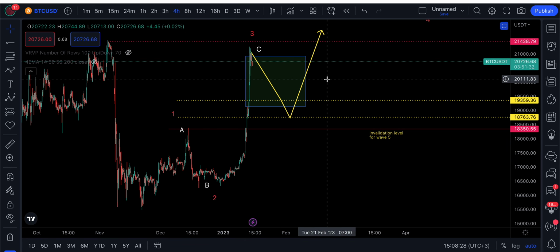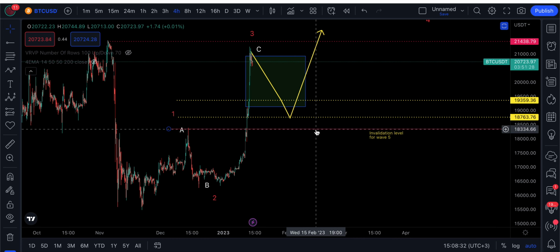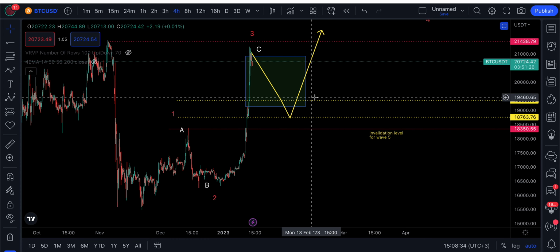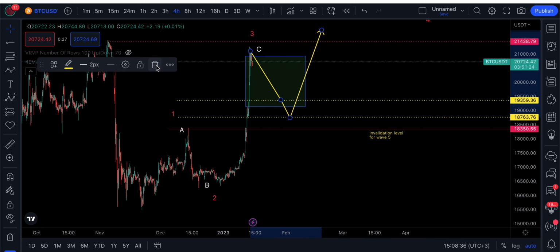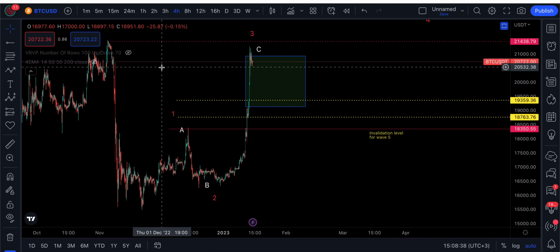But there's one thing that I also want you to take into consideration, which is the invalidation level for wave 5. So if you're confused on what to expect, how to know if we're in wave 5, there's one point that will help you. So I'm on the bearish side.